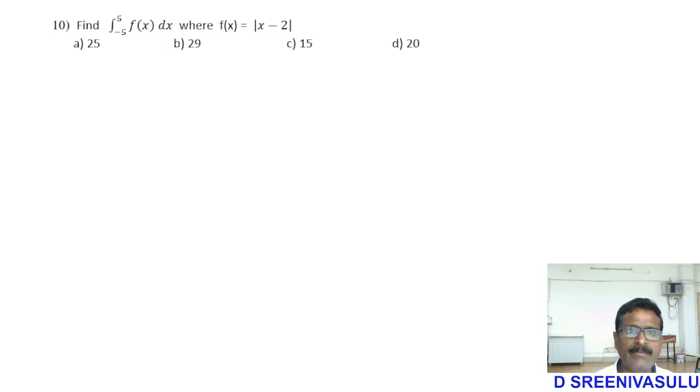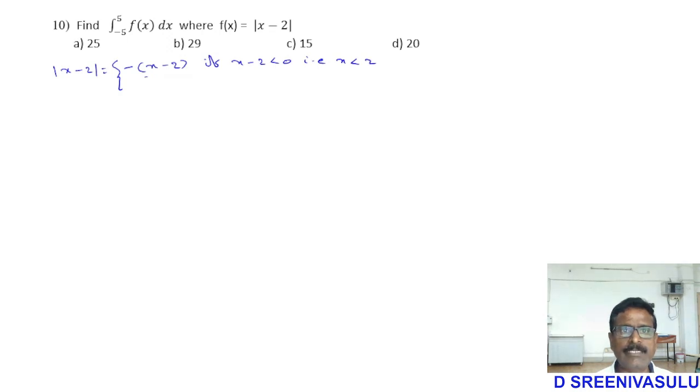Question number 10. Find integral minus 5 to 5 f of x dx, where f of x is mod x minus 2. What is mod x minus 2 definition? This is equal to minus of x minus 2 if x minus 2 is less than 0, that is x is less than 2.